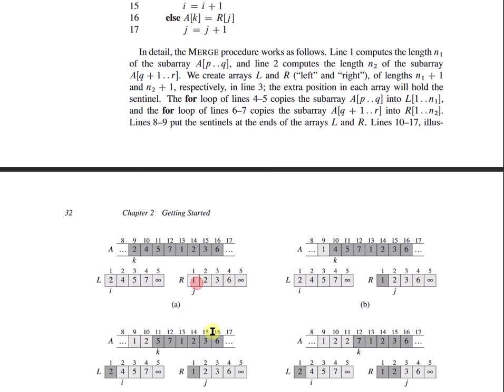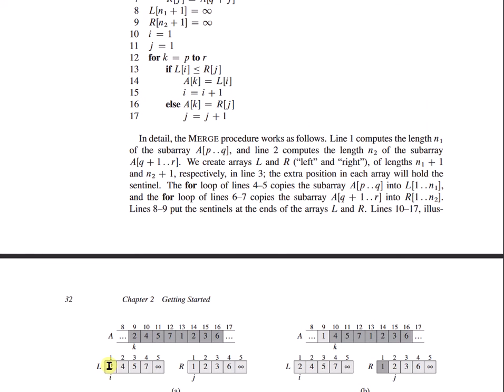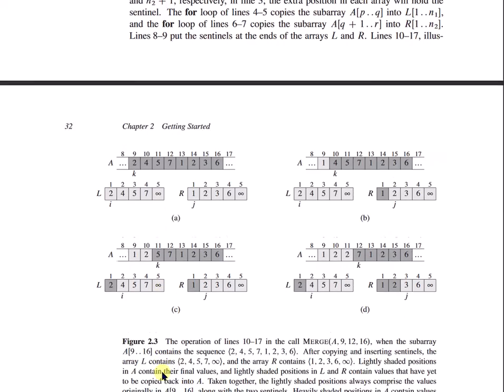Then 245 gets copied, then 7 is greater than 6, so 6 gets copied, then 1 comes. So what happens then? They have not said what to do when we need to sort this subarray. How do we sort the subarray?